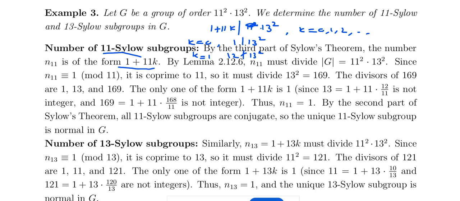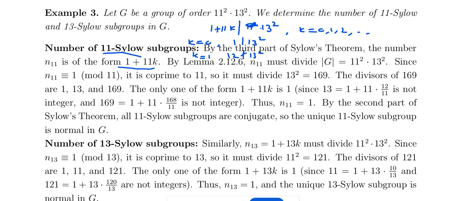So this is satisfied only for k equal to 0, and therefore n11 is congruent to 1 modulo 11, that is n11 equal to 1, the number of 11 Sylow subgroups, and it must be unique.